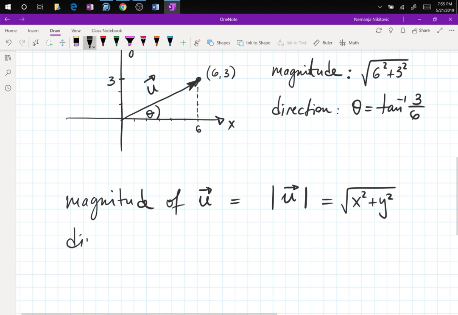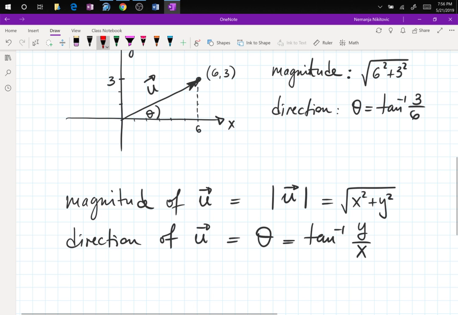The direction of u is going to be theta, and that's defined as the inverse tangent of y over x. So this is what's important for vectors.